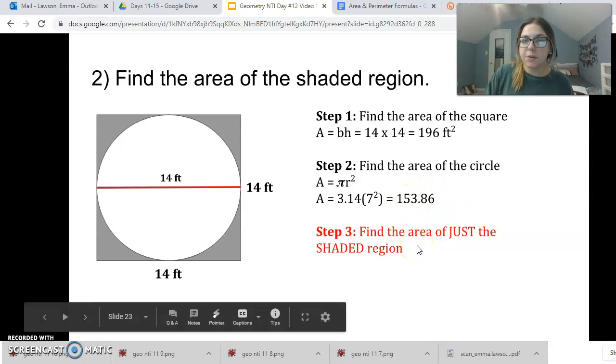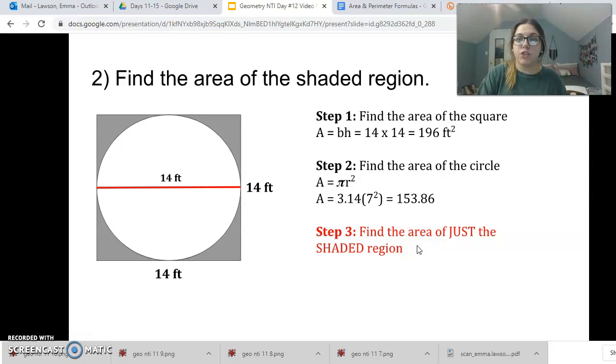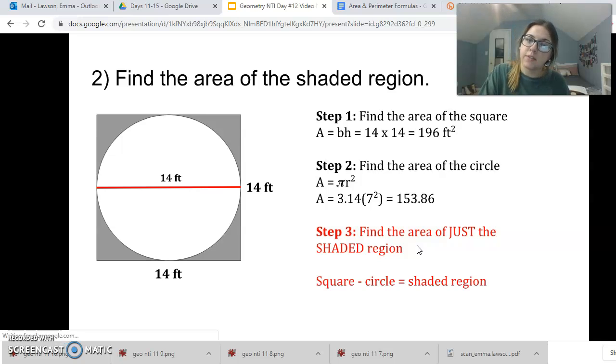And now step 3, I have to find the area of just the shaded region. And like I said before, we're going to subtract. We're always going to subtract when we're looking for the shaded region. So I'm going to do the square minus the circle equals the shaded region, because I'm taking out that circle from the square.